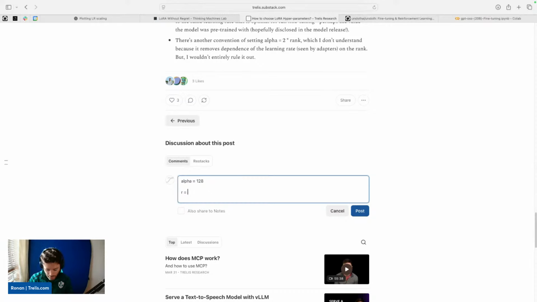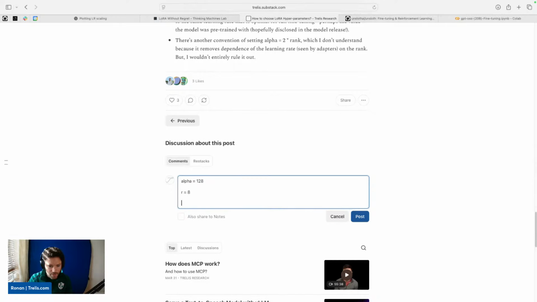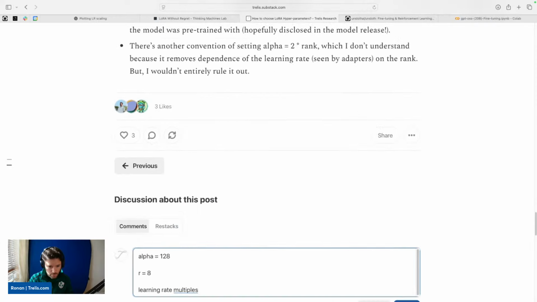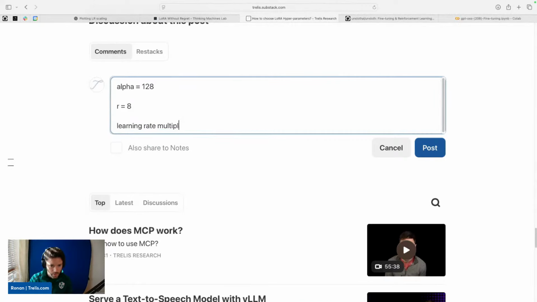So if you have a rank of something like 8, you're going to find a learning rate multiplier on your LoRA of 16. So you are training 16 times faster if you are doing alpha equals 128 and rank of 8. And this is really why it's very useful.